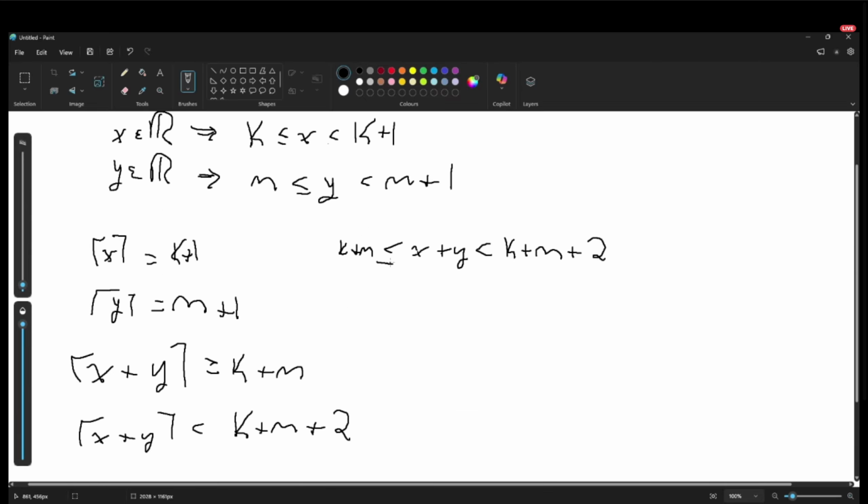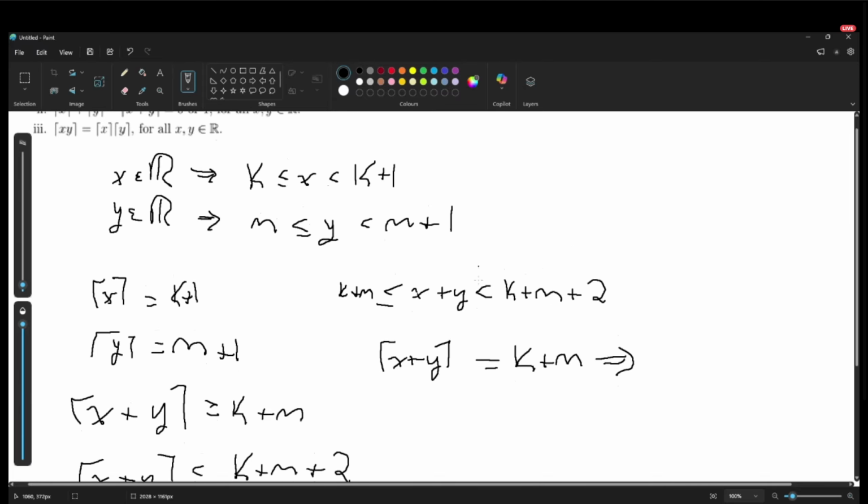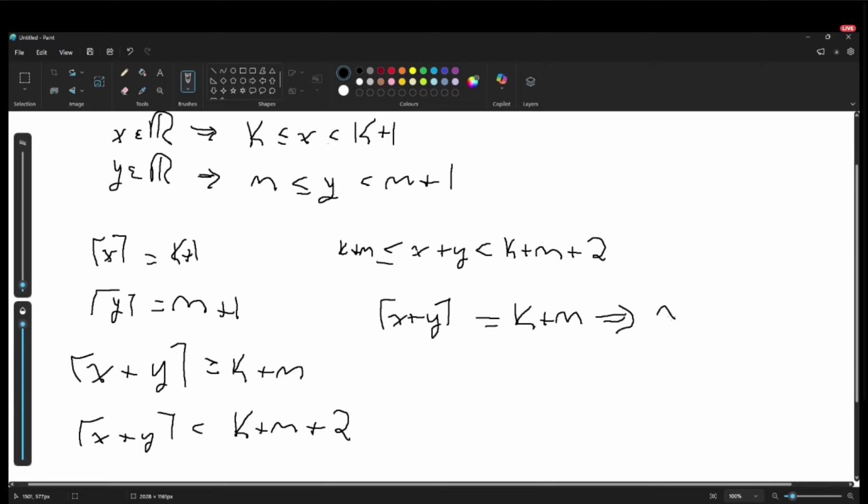Okay, so now you've handled the cases. So case 1, x plus y is exactly equal to k plus m, or rather the ceiling, then means that x is equal to k and y is equal to m.